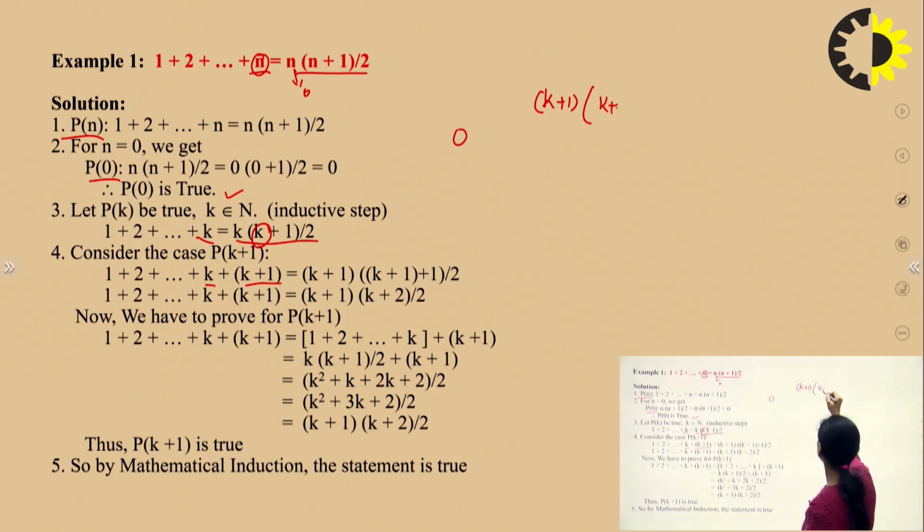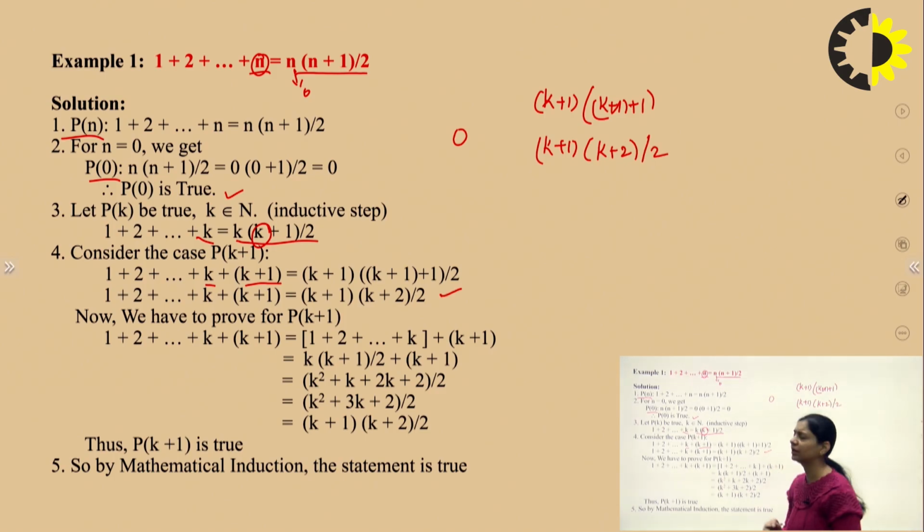So we have k plus 1 plus 1, and this becomes k plus 1 into k plus 2 by 2. This is what we need to prove.